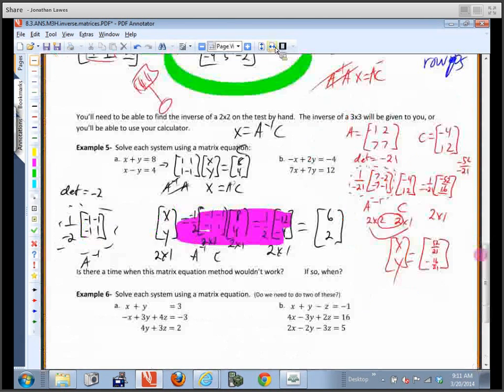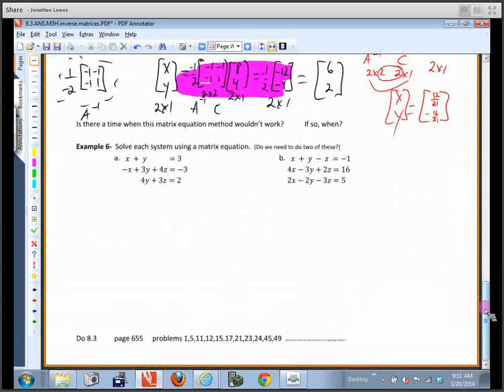Okay, so of the two of these, which one do you want to do? You want to do B? Why B? Okay, yeah, I mean, if we pick A, let's write down the coefficient matrix. Coefficient matrix would be 1, 1, 0, negative 1, 3, 4, 0, 4, 3.